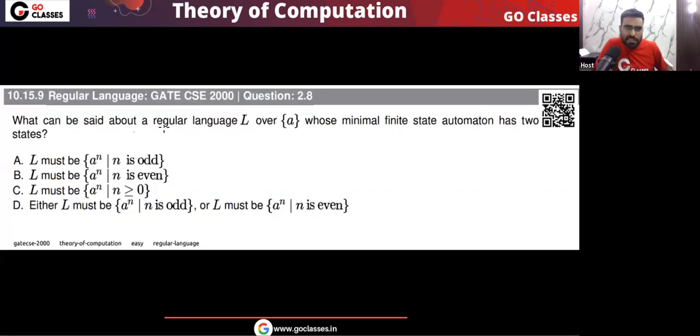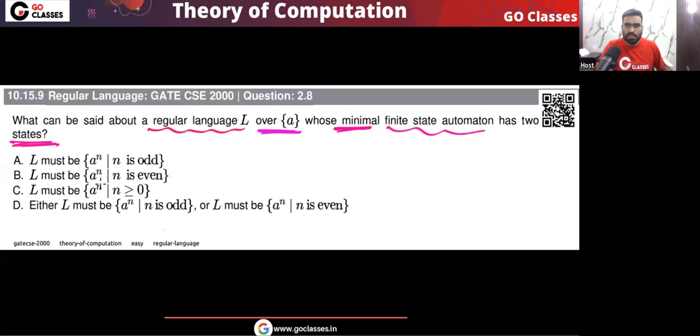The question is asking about a regular language L over an alphabet A that has only a single symbol. There is only one symbol in the alphabet, and whose minimal finite state automata has two states.